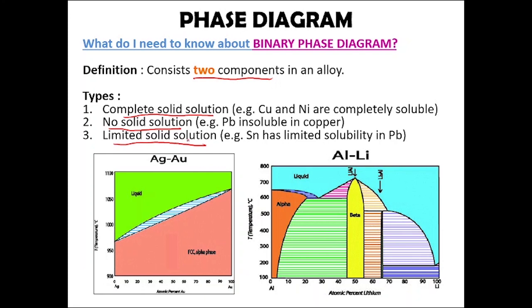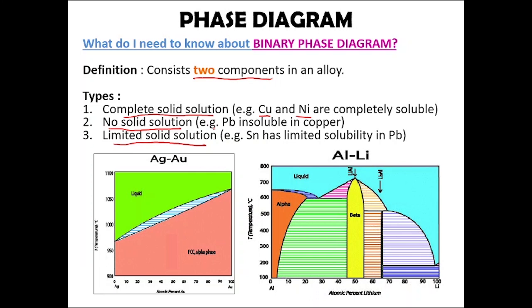For the complete solid solution, it means that the two elements will form a single phase solid solution. For example, over here we have copper and nickel. They are completely soluble.